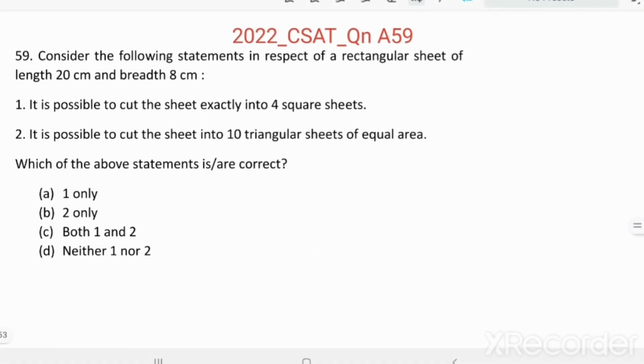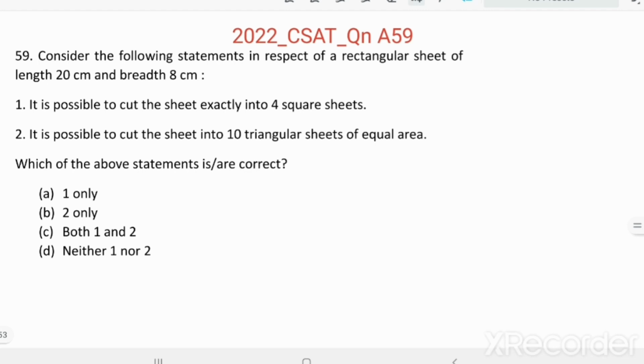Question number 59. Consider the following statements in respect of a rectangular sheet of length 20 cm and breadth 8 cm. Statement 1. It is possible to cut the sheet exactly into 4 square sheets. Statement 2. It is possible to cut the sheet into 10 triangular sheets of equal area. Which of the above statements is or are correct?